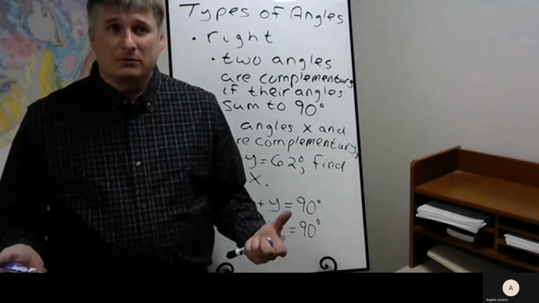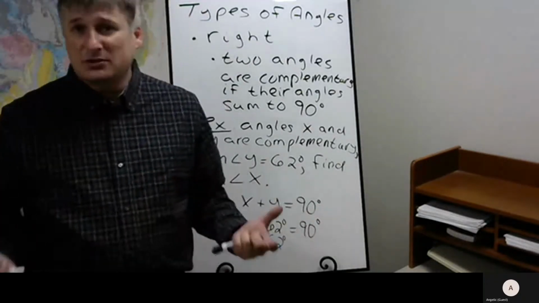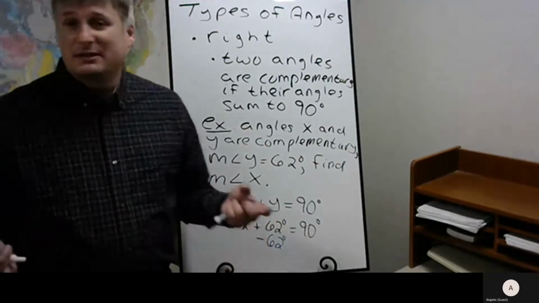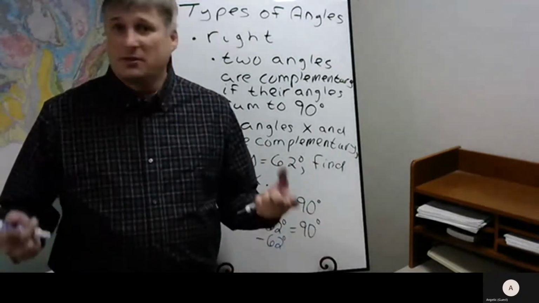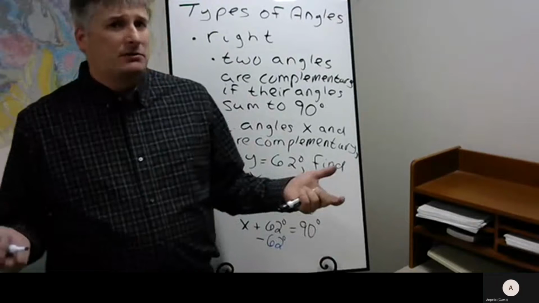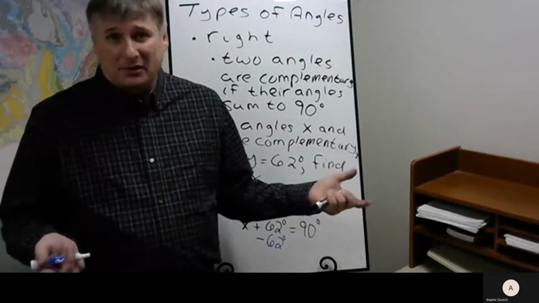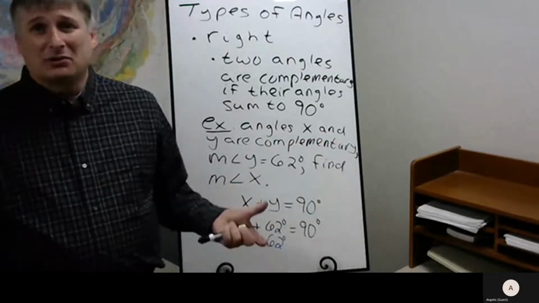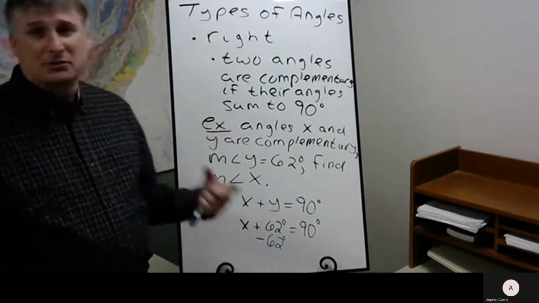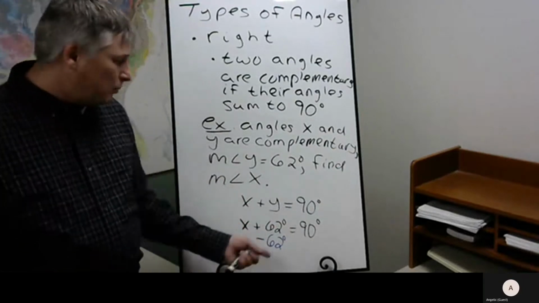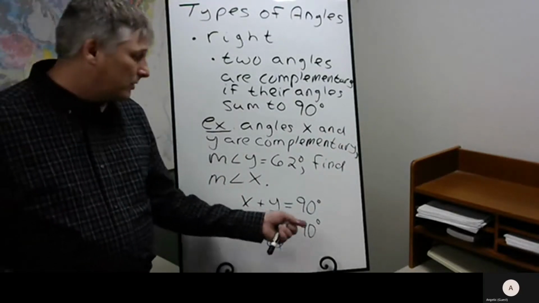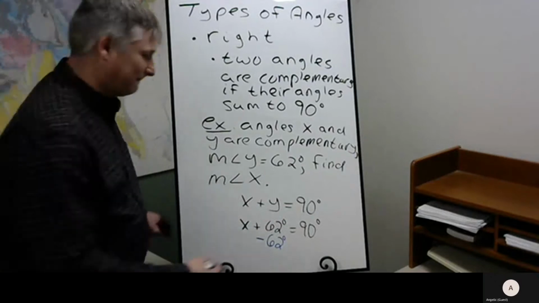Any number plus 0 is that number. Adding 0 doesn't change anything. So that is an addition that we can do with the variable. Now, x plus 1, we couldn't do anything. We really do need to know what x is. But adding 0 doesn't change anything. So we can add 0 to x just fine. But what we do to one side, we always have to do to the other.